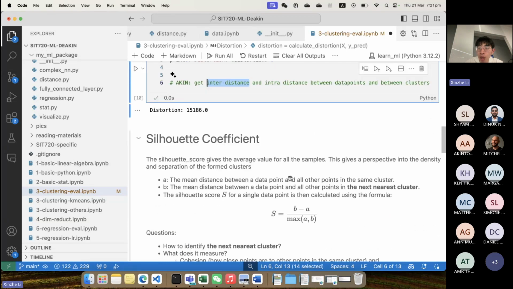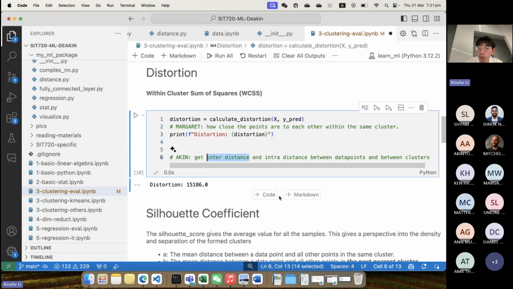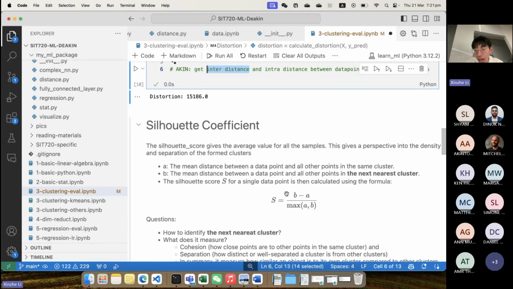But one thing I have to highlight is, you know, distortion score smaller, better, right? But silhouette score larger, better. Why? We want the larger, the better. The mean distance between.